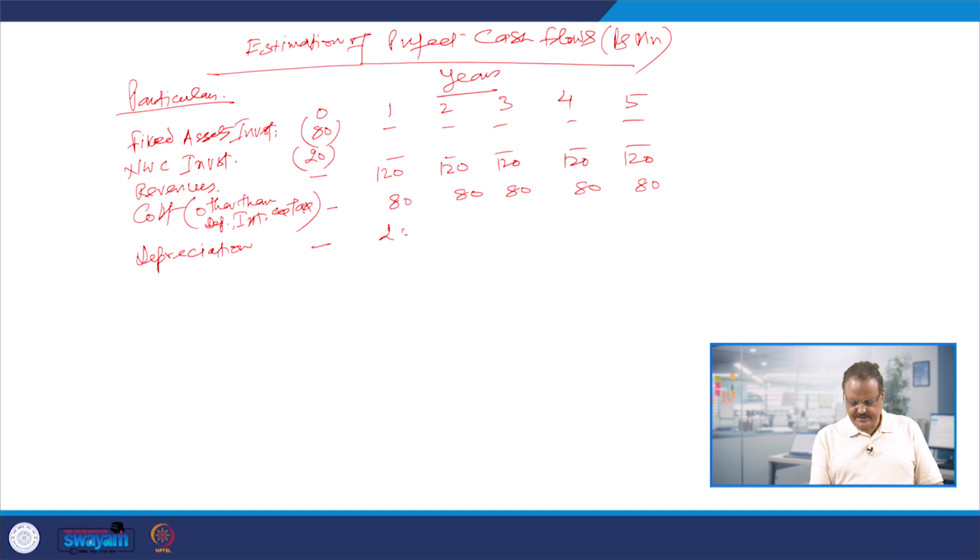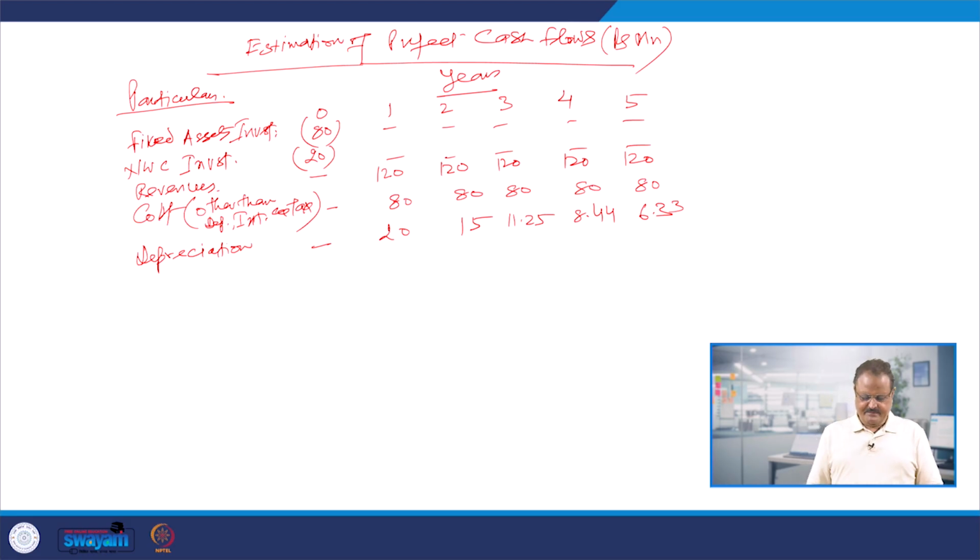So this is 20, this is 15, this is going to be 11.25, next 8.44, and this is going to be 6.33. It is already given to us. So this is the depreciation, right? After this, there is no other expense.